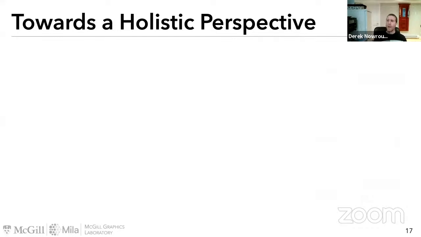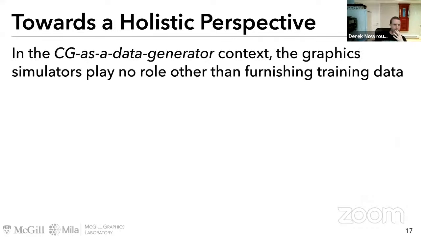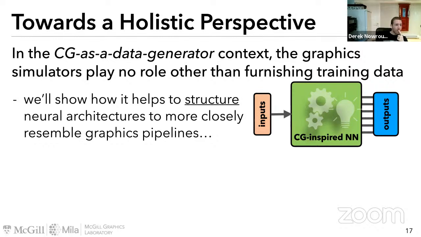So I guess what I'm advocating for is a more holistic perspective, right? And in this sort of computer graphics as a data generator context that I just covered, the graphics simulators really play no role other than generating cheap, voluminous training data. And we're going to take baby steps to get to the point that I want to, but we'll take them very quickly.